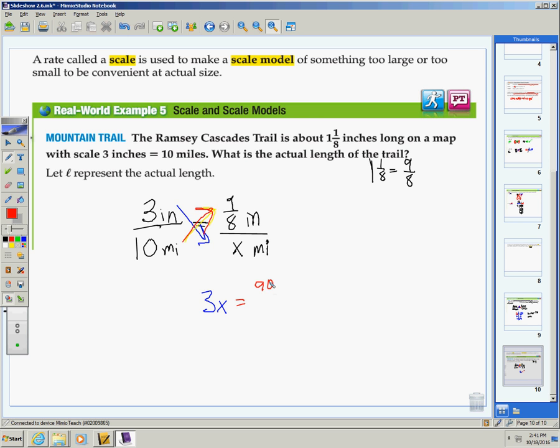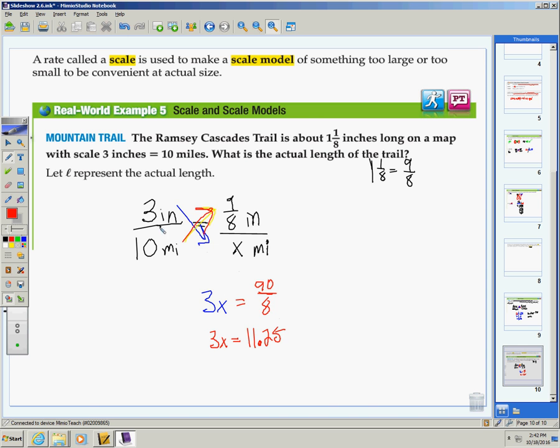And then I'm actually going to be okay with you letting this be a decimal, since we are trying to find an exact distance. So we're going to do 90 divided by 8 and actually get 11.25. And a lot of times, if it's an actual word problem and the decimal comes out nicely, I'm going to be okay with you using a decimal. I don't want to get in the habit of it though.